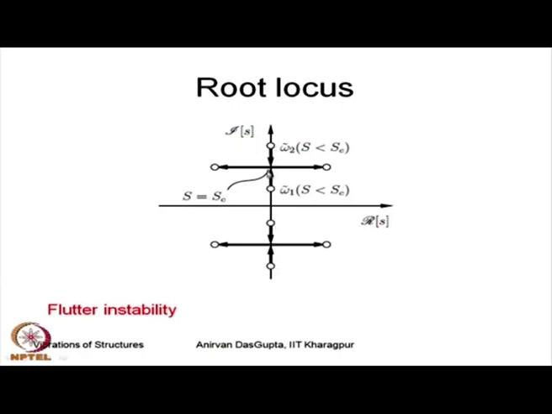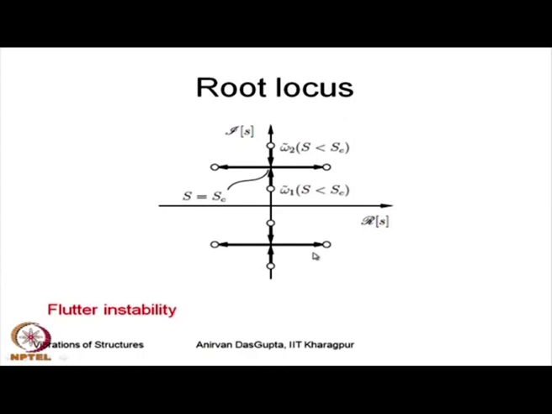As the load is increased, these two come together and coalesce at the critical value of the load, and then they move off and have real parts as well. So, this root has a positive real part, and similarly this root has a positive real part.